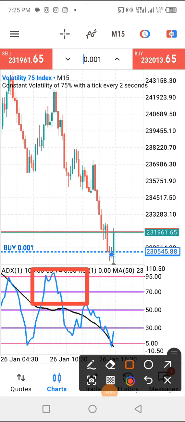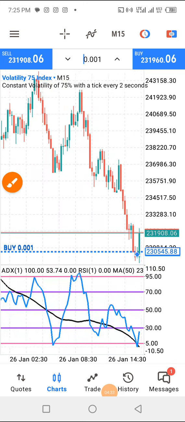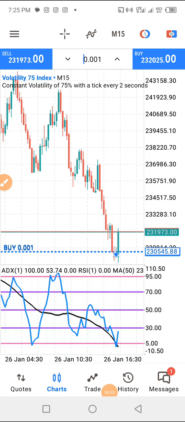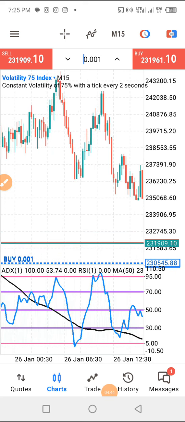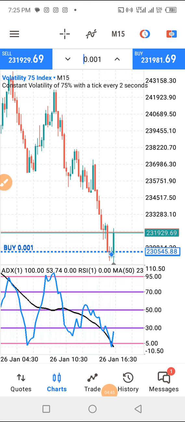Then you open your sell order. Don't shift it. Make sure the lines are not shifted from the spot we just identified. Make sure it is exactly as when you open your chart like this.